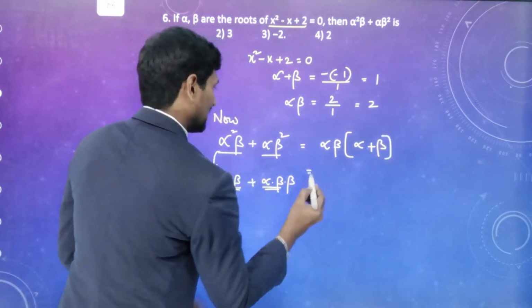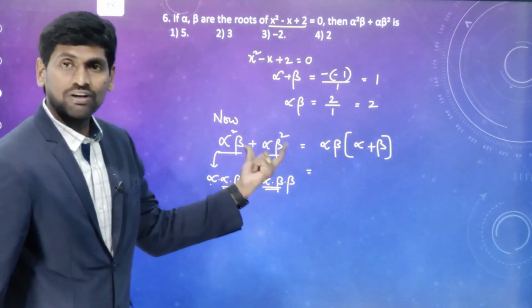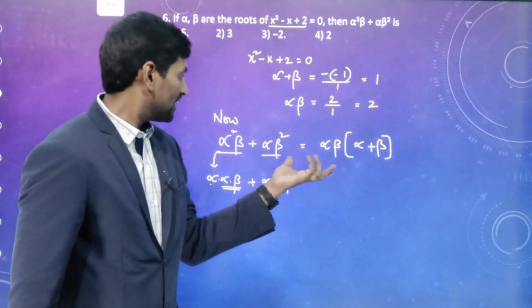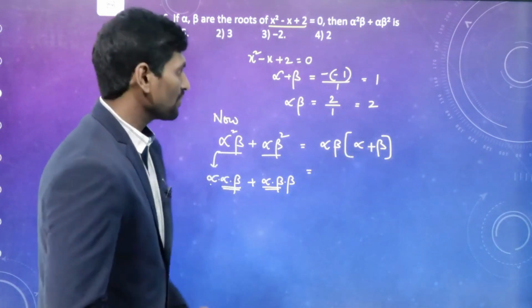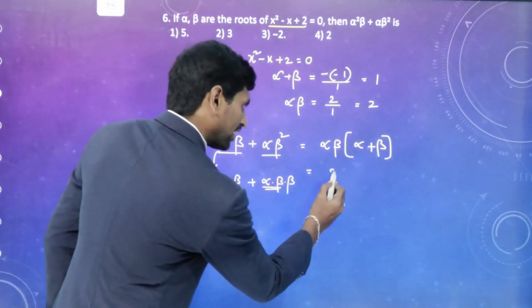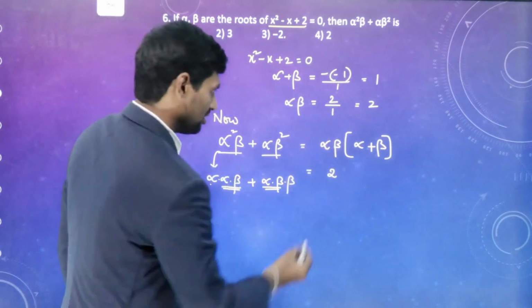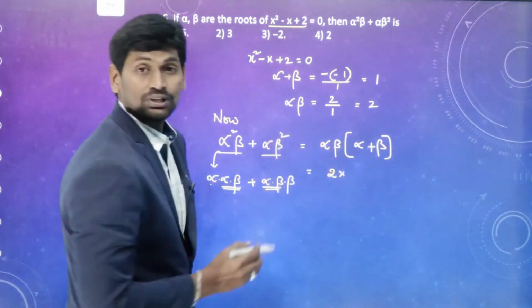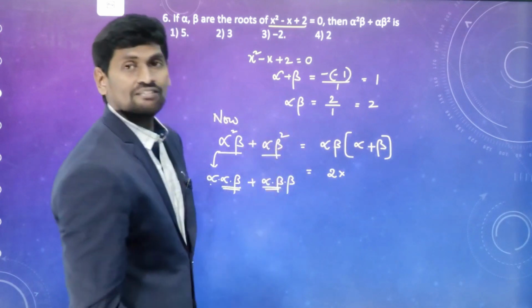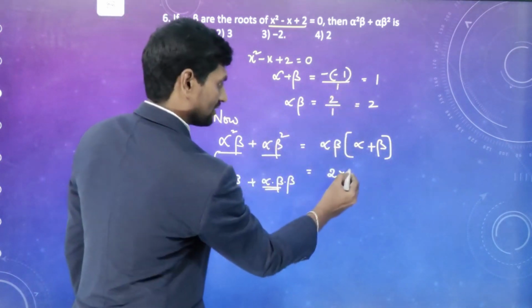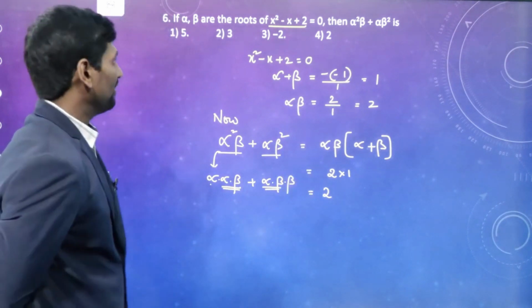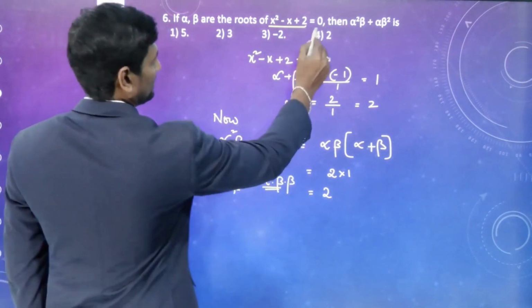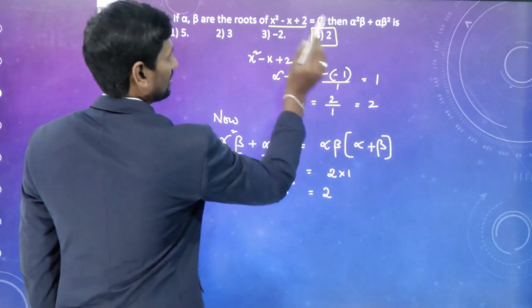Now, this alpha square beta plus alpha beta square, I can write in the form of alpha beta into alpha plus beta. Now, I know the value of alpha into beta, that is 2. Bracket indicates multiplication, and alpha plus beta value is 1. That means 2 ones are 2. The required value is our option 4.